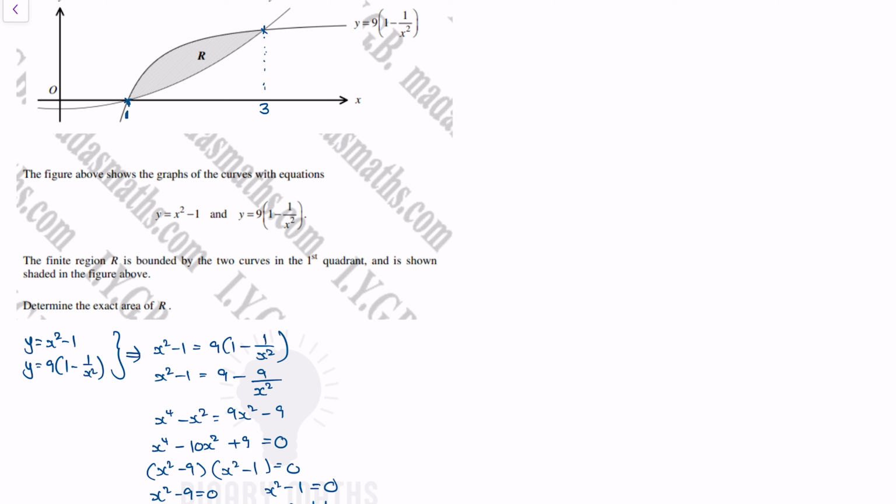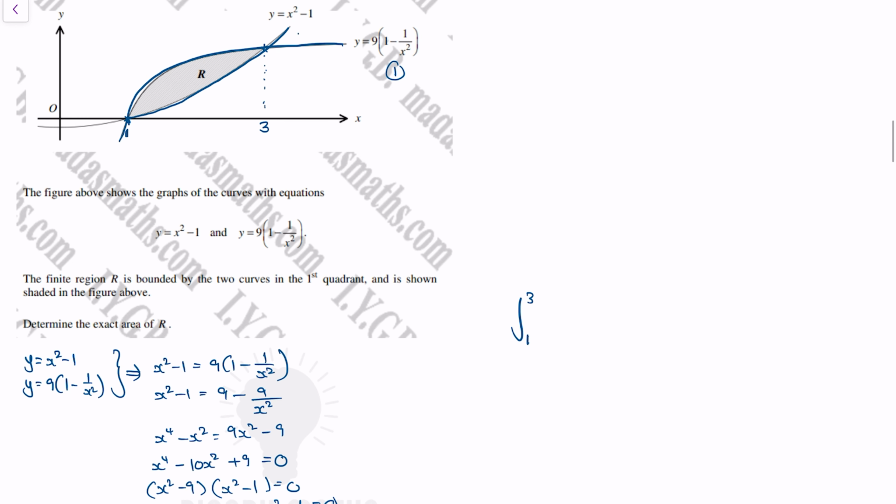Okay, let me not highlight it because that's not my final answer. So that means I need to integrate between 3 and 1. Now it's this area under this curve, take away the area under this curve, because that one's below.